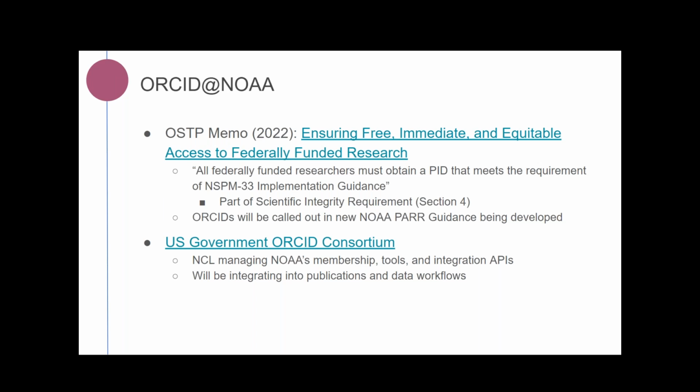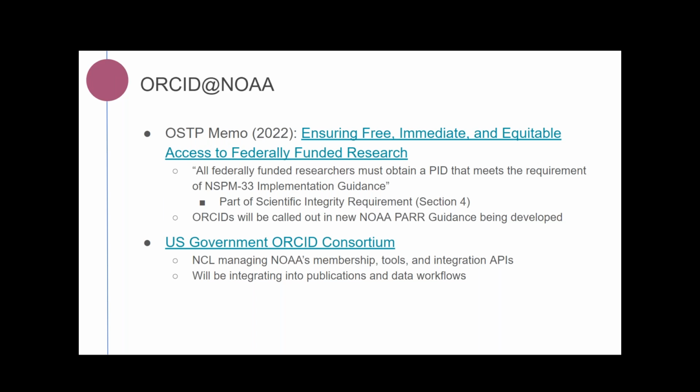And this is where ORCID comes into play, right? It is part of that scientific integrity requirement in Section 4 of the OSTP memo. So of all of the persistent identifiers for people, ORCID is currently the only one that meets those standards, which is why we focus on ORCID.